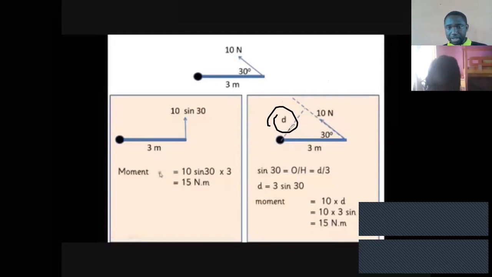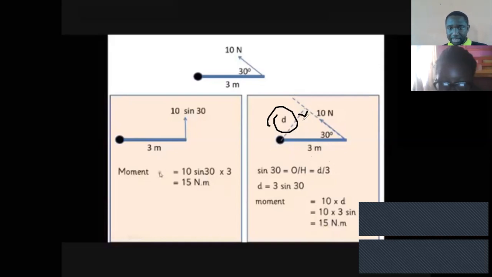We're giving the opposite over the hypotenuse. The hypotenuse is coming at this end, so this becomes the hypotenuse. Opposite over hypotenuse, and that gives us D over 3. Now D is equal to 3 sine 30.